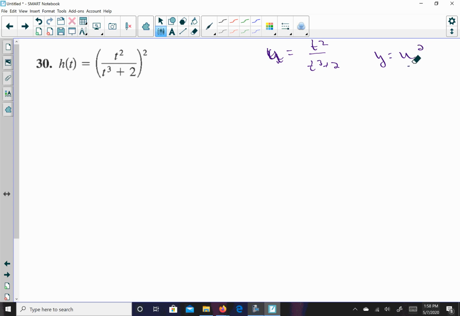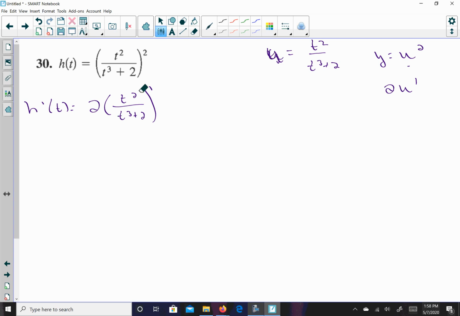I take 2 times u, reducing the power by 1, so that would be 1. Applying that here, I take 2 times this quantity, t squared over t to the 3rd plus 2, and reduce the power by 1, so 2 minus 1 would just be 1. I can write the 1 or not write the 1, totally up to you.